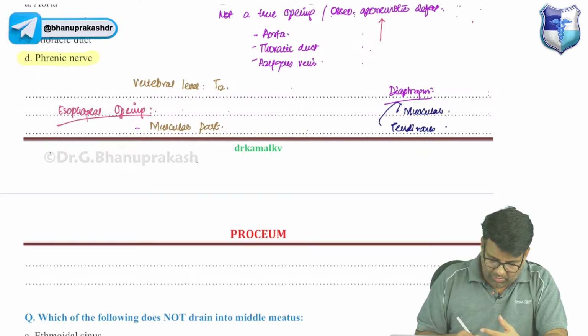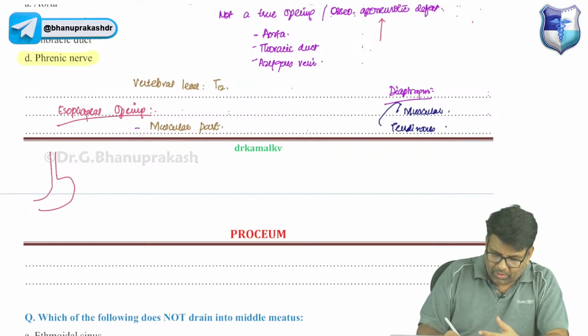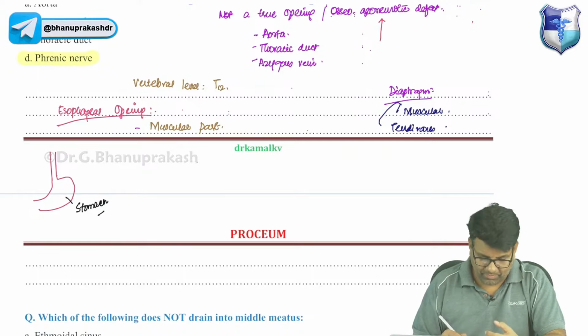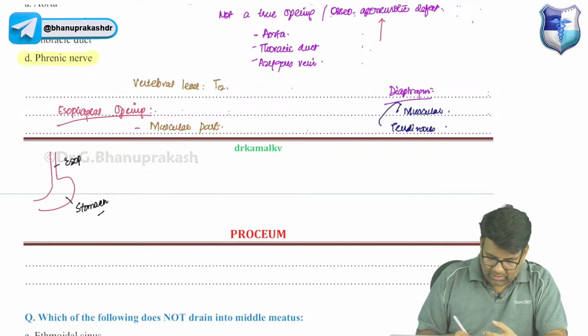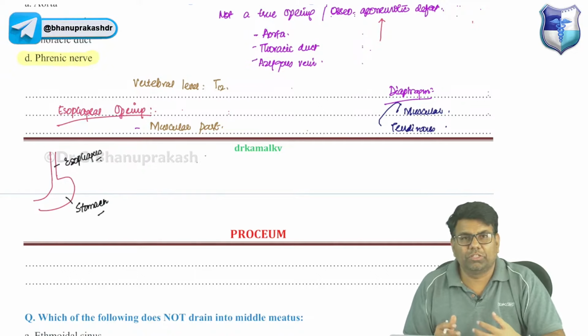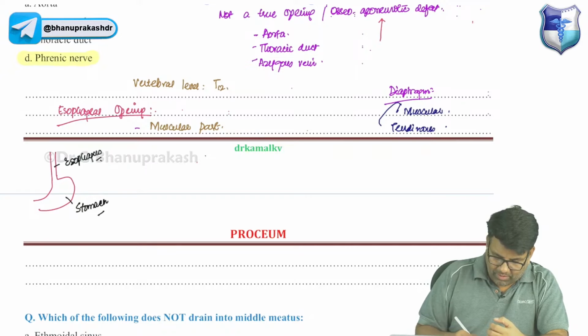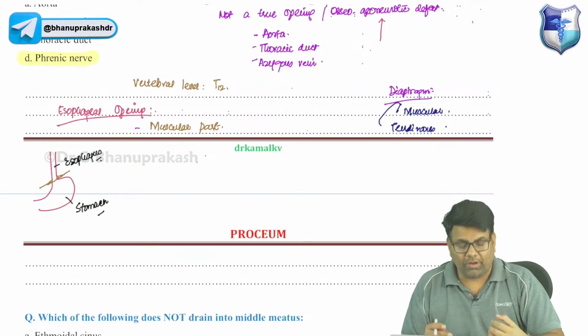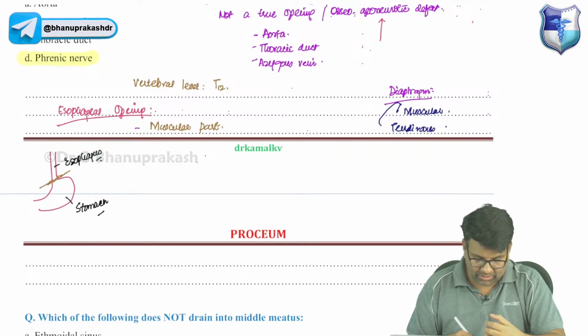Because if you look at the anatomy, the stomach contains acid and the esophagus doesn't have a mucosa which is well developed to tackle acid. So there is a mechanism by passing the LES through the muscular portion of the diaphragm, because by way of the tone of the diaphragm, this LES remains closed.